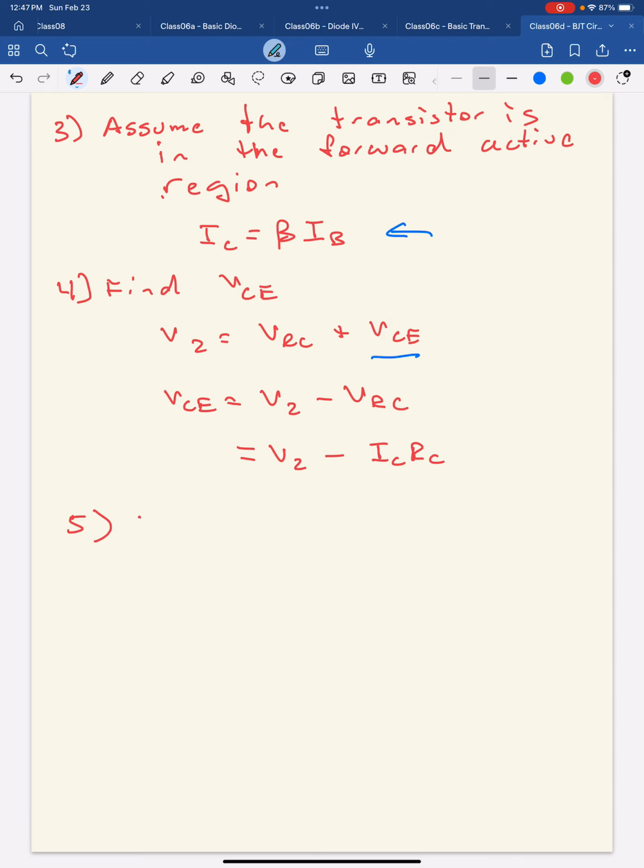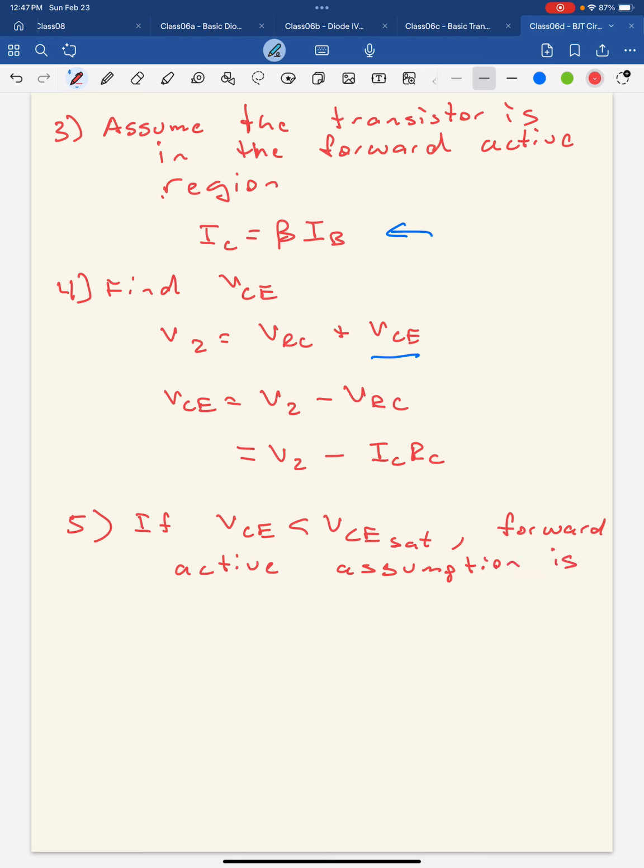We do have a next step. If VCE is less than that saturation voltage that we talked about in the last video, the forward active assumption is not valid. And I'm going to rewrite this again.